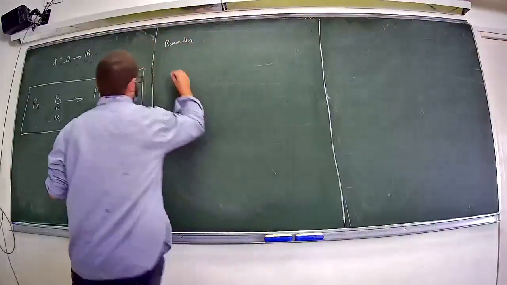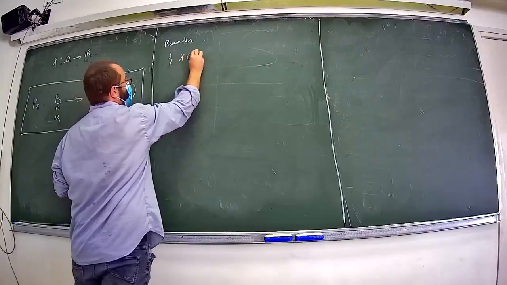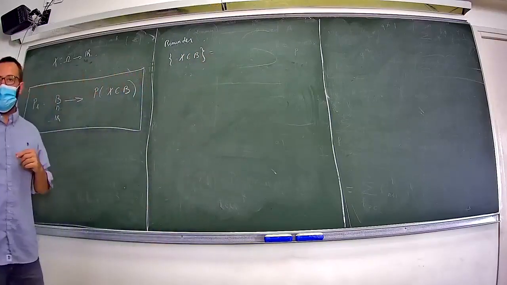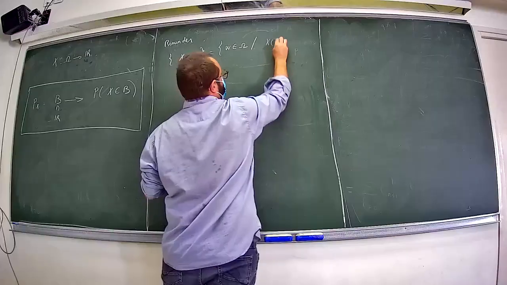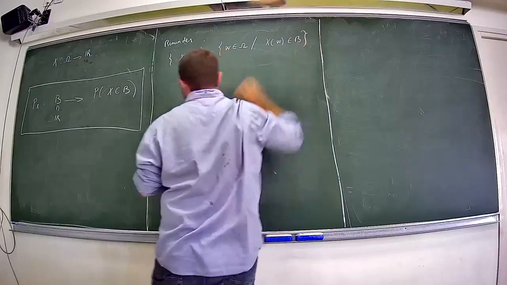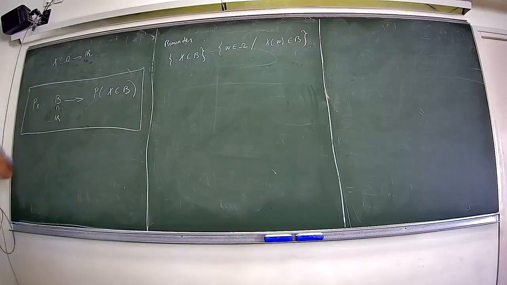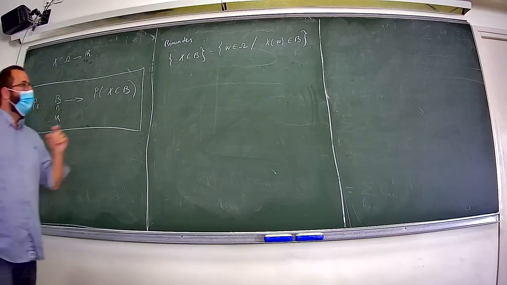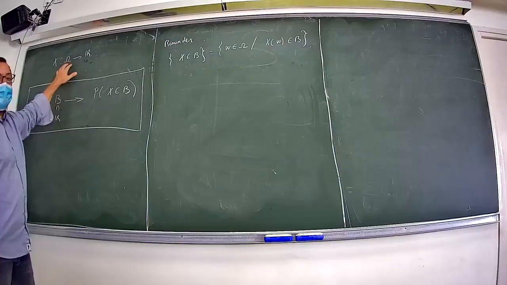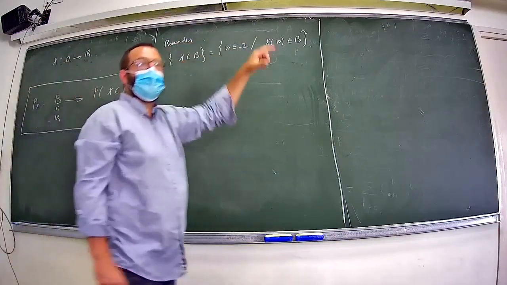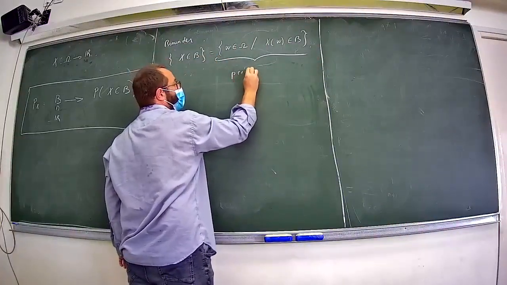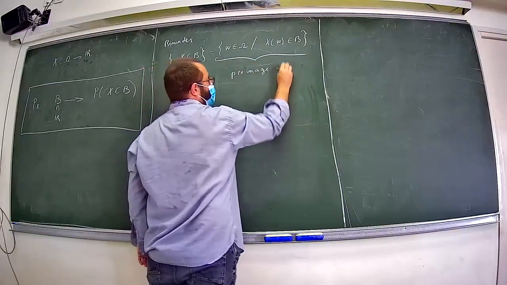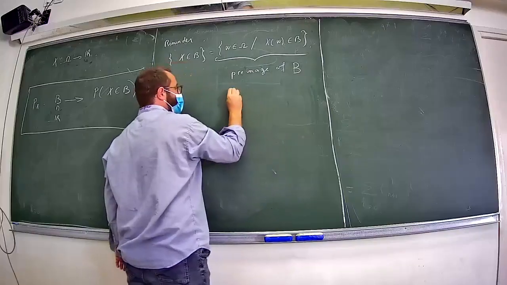Concerning the notation, the event X belongs to B is just a notation for the following: the set of W belonging to omega such that X of W belongs to B. It is what we call the pre-image of B by capital X. It is the points in omega such that the image belongs to B.